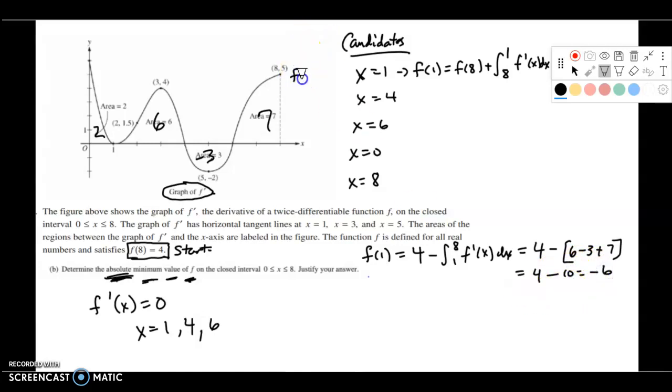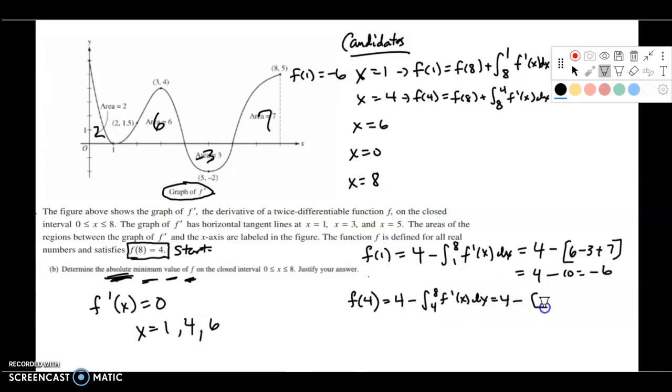So we'll write them over here. f of 1 is negative 6. Okay, now f of 4, same idea. f of 4 is f of 8 plus the integral from 8 back to 4 of f prime x dx. All right, so we'll come over here and do it. f of 4 is going to be 4 minus the integral from 4 to 8 of f prime.